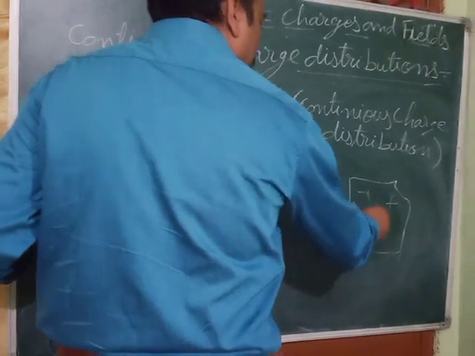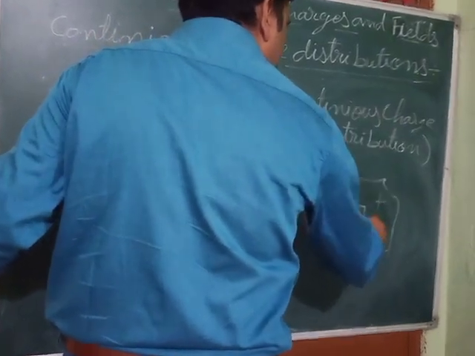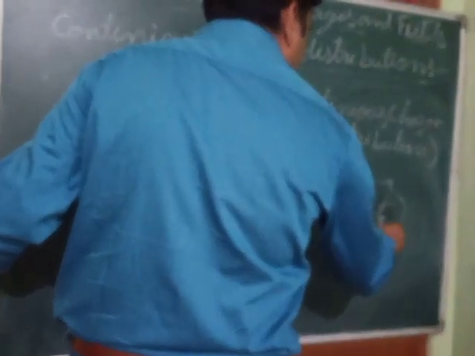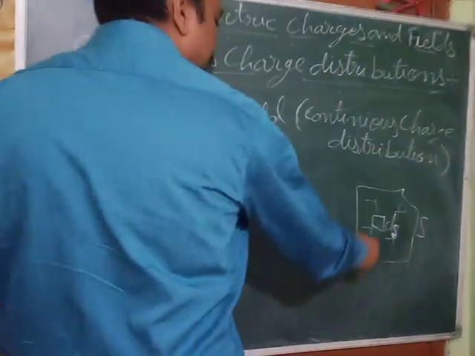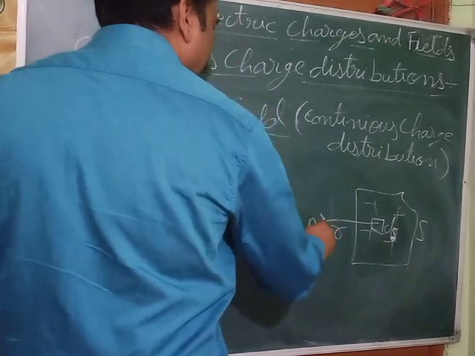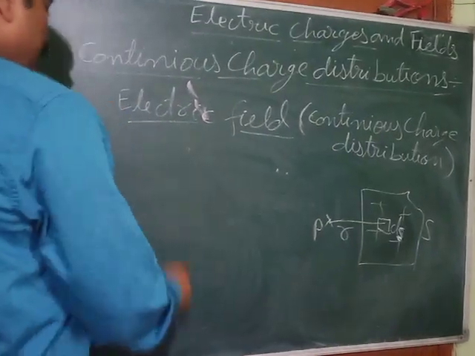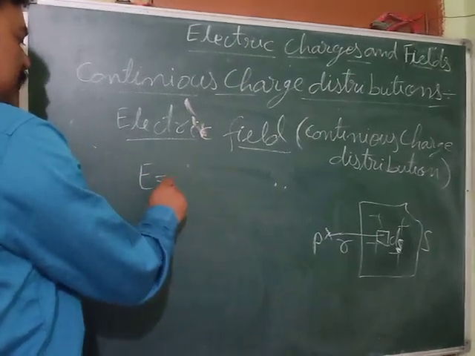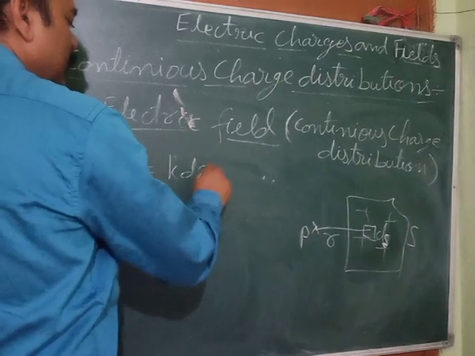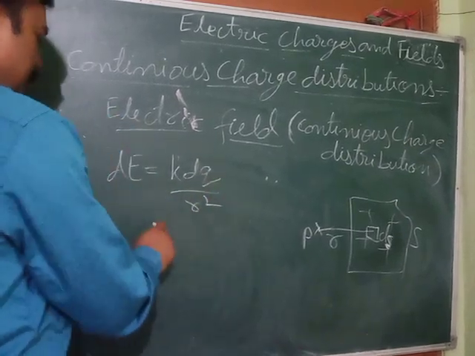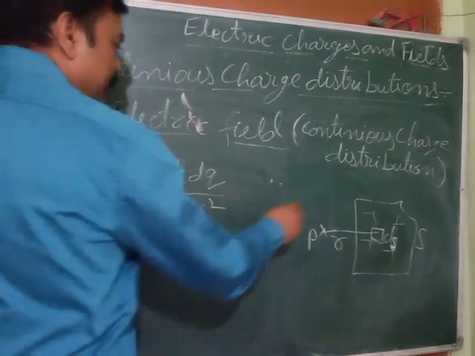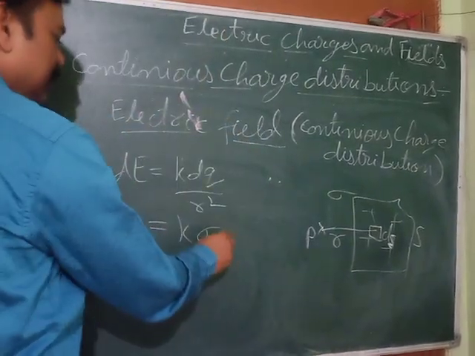We have to take a small surface having area ds. The whole surface area is S. Suppose from here at distance r, there is a point P where we have to find the electric field intensity. So again we can use dE is equal to k dq upon r square, and again we know that dq is sigma ds, because the surface charge density is sigma.